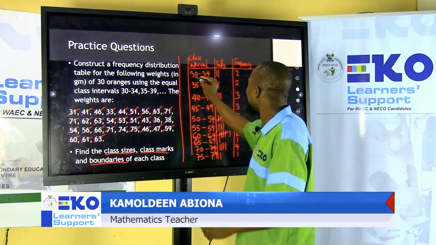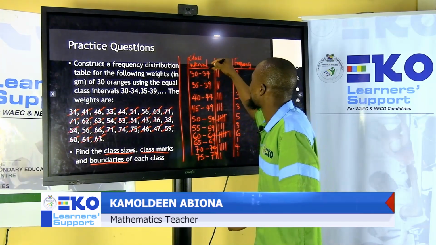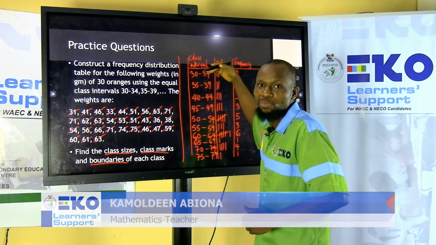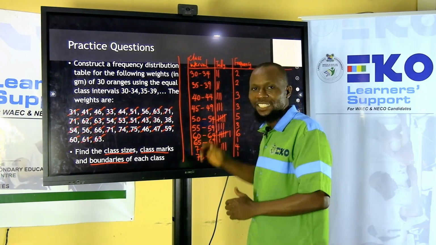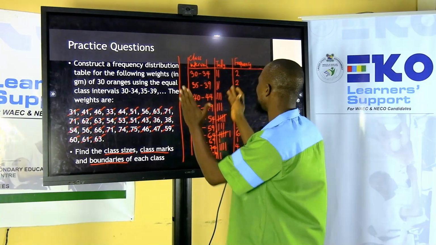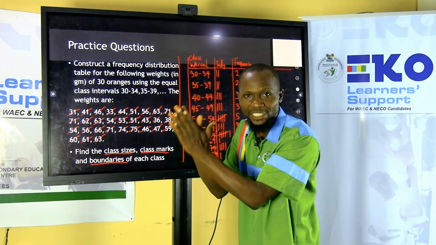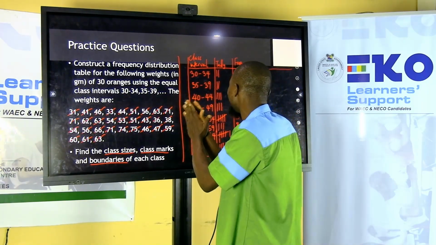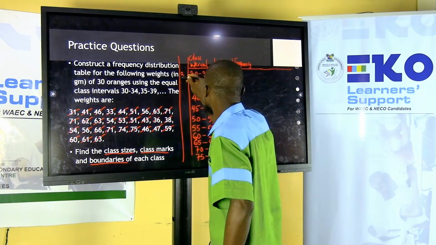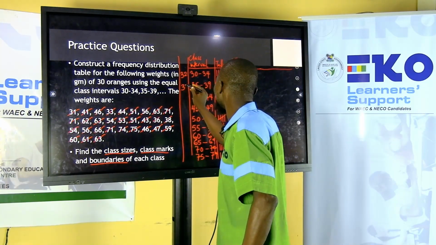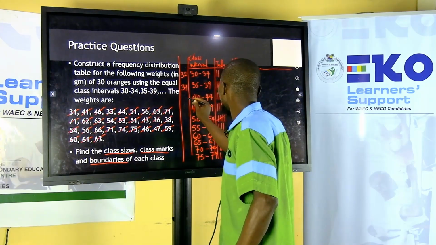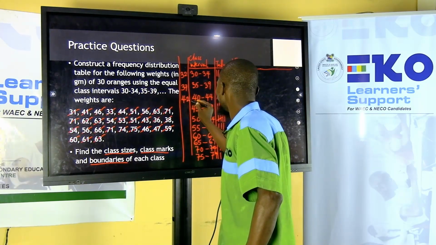The class mark means the representative of this particular class, which is the middle. What's the middle of 30 and 34? It means you add 30 and 34 together divided by 2, and that should give you 32. That's the middle. For this, the middle will be 37. For this, the middle will be 42.